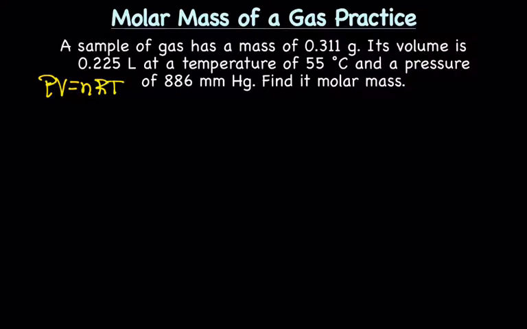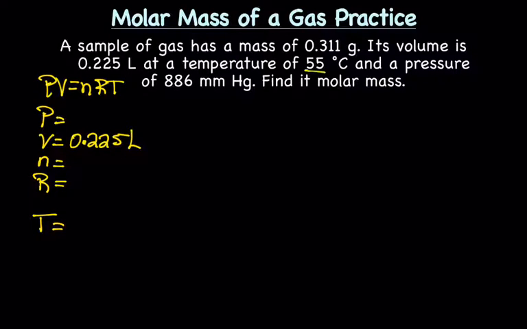So let's write our variables: P, V, n, R, and T. All right, let's see what they gave us. They gave us mass. Not really sure what to do with that yet, so we'll leave that alone. We have a volume. Our volume is 0.225 liters.